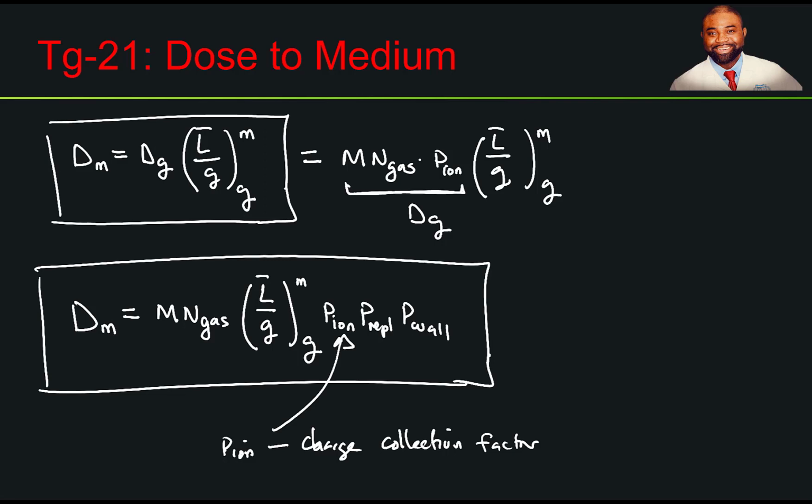Now, if P ion is greater than 1.05, it is strongly recommended that the collecting voltage be increased to reduce P ion, or a different chamber must be used with a smaller P ion. In other words, it is important to keep the value of P ion relatively small, especially in a pulsed scan beam, where P ion may actually cause a lot of uncertainty in the dose measured.